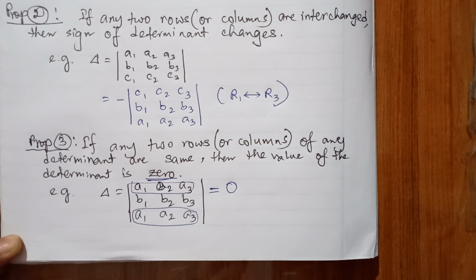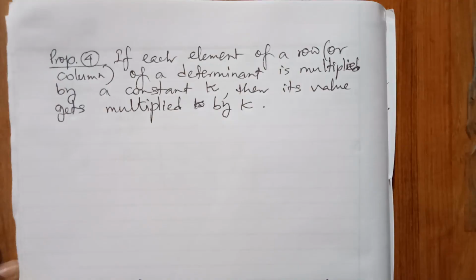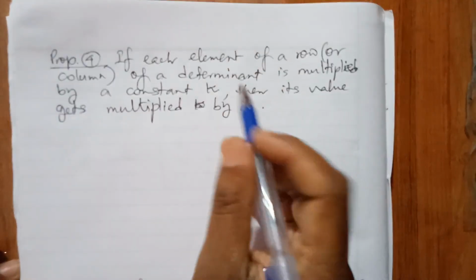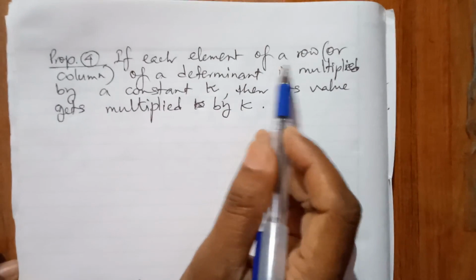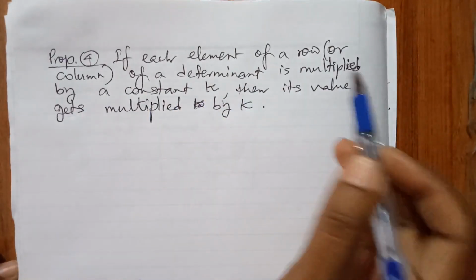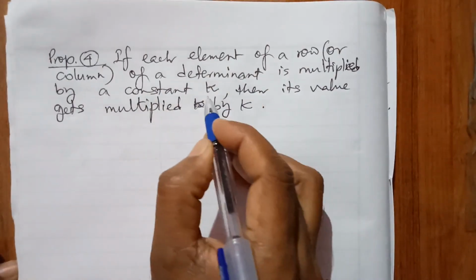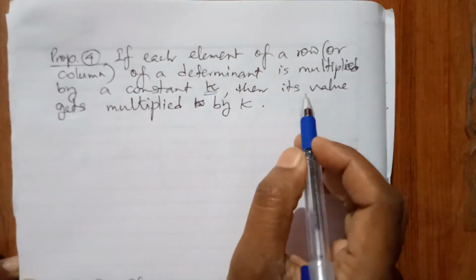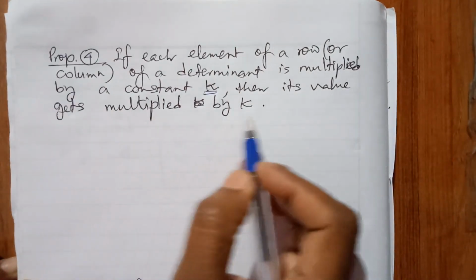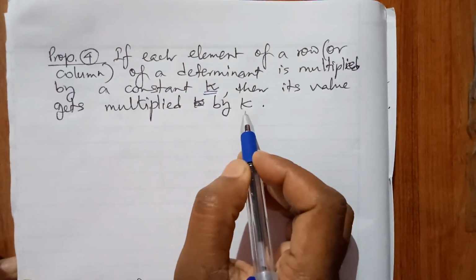Next I'll move to property number 4. Property number 4 is that if each element of a row or column of a determinant is multiplied by a constant k, then its value gets multiplied by k.